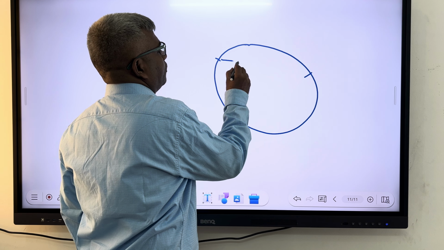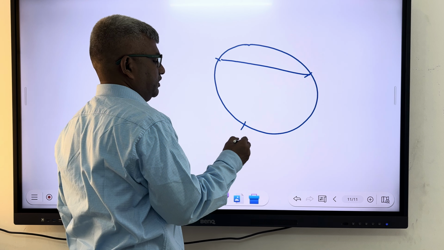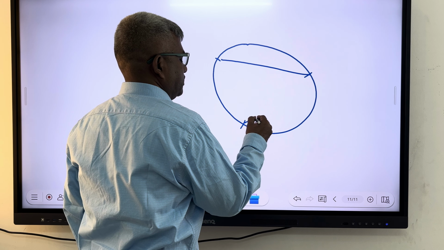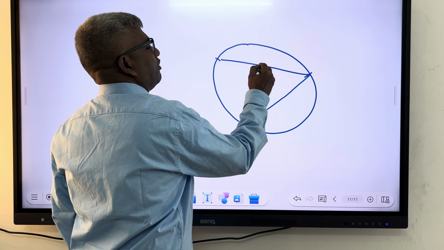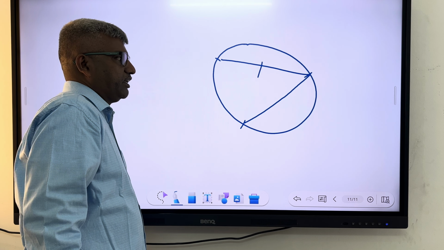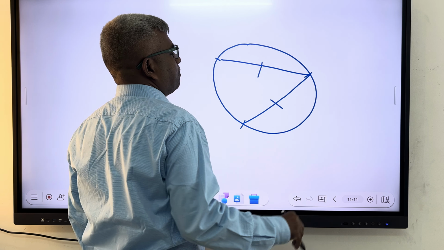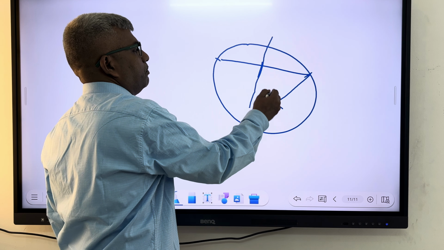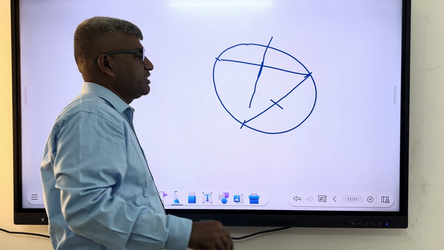Just draw one chord with 2 points. Find the midpoint, and find the perpendicular bisector equation.